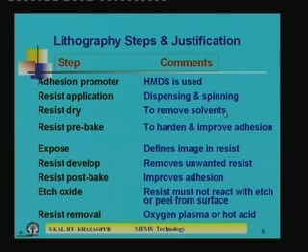Spinning is required to get uniform photoresist thickness. Photoresist is a liquid material. If you put enough liquid on the surface of the wafer and then spin it at a certain speed, nearly 3000 to 4000 rpm, you will find the thickness of the photoresist film over the entire wafer will be uniform.